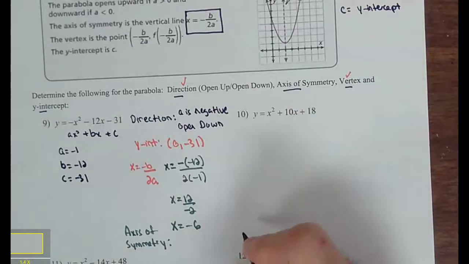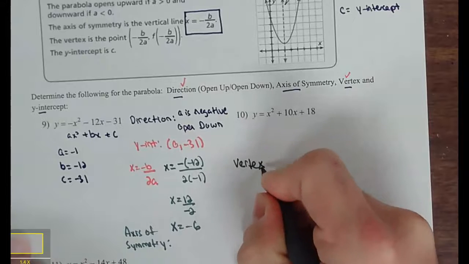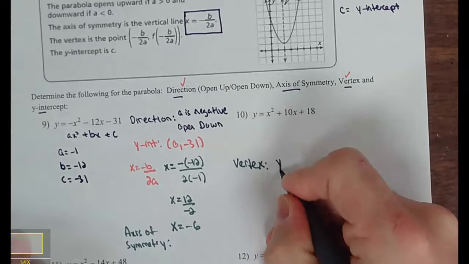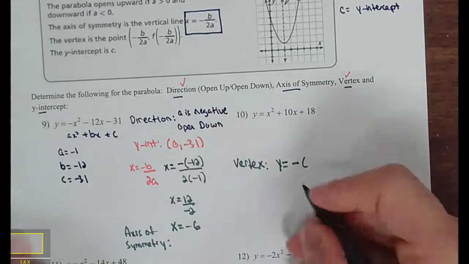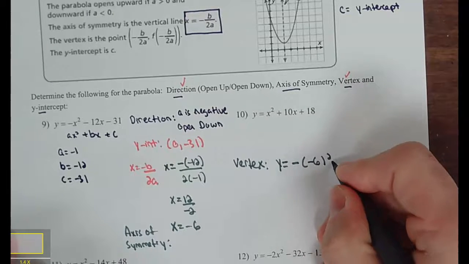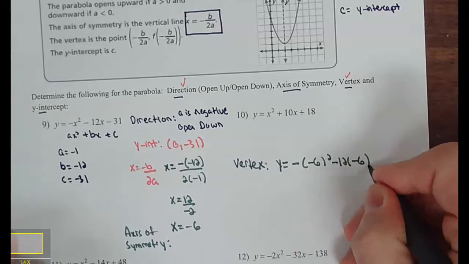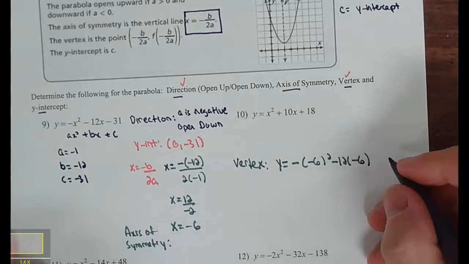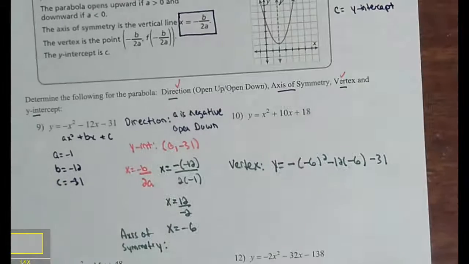So y equals negative x squared, with x being negative 6, minus 12 times negative 6, minus 31. And then we're just going to simplify this.